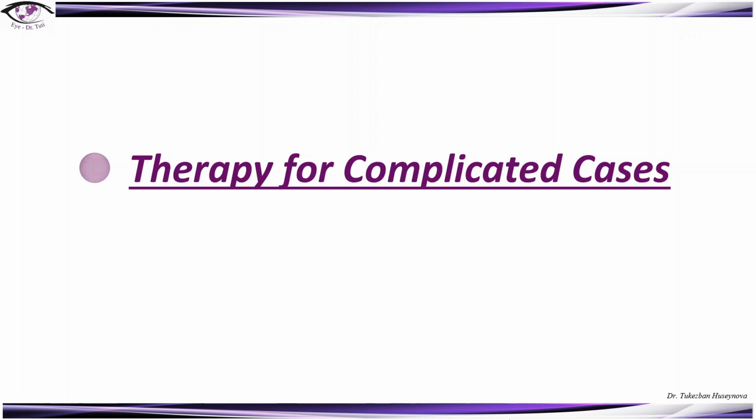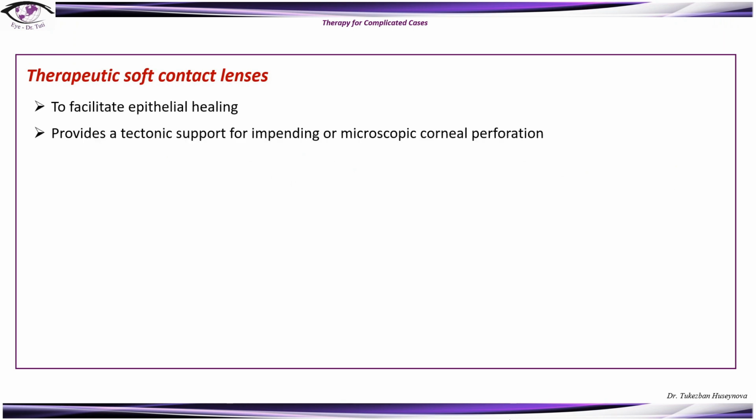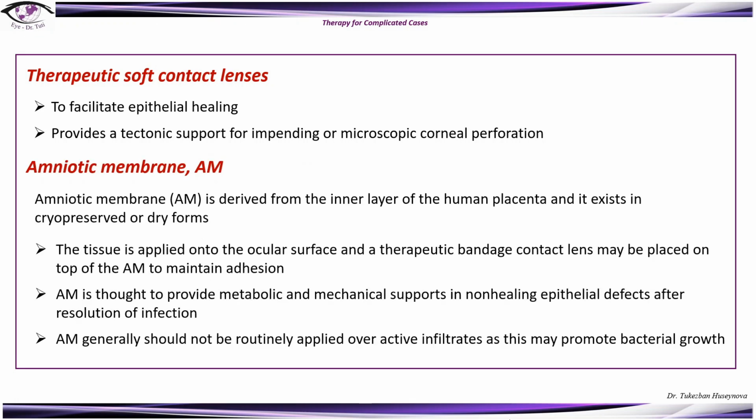Therapy for complicated cases. Therapeutic soft contact lenses can be used to facilitate epithelial healing and prevent corneal perforation. Amniotic membrane is derived from the inner layer of the human placenta, and it exists in cryopreserved or dry forms.